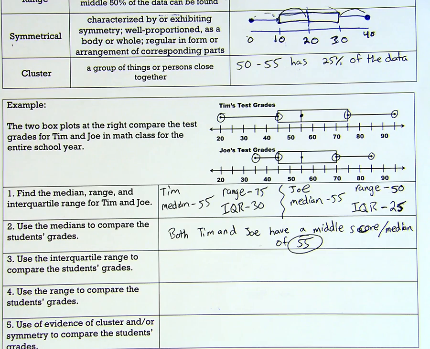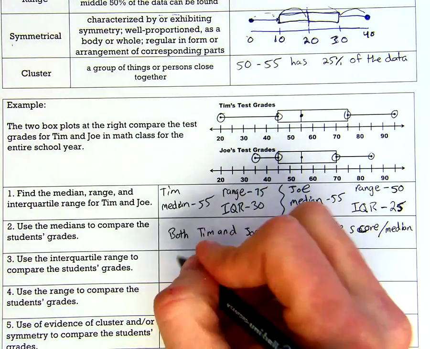And then use the interquartile range to compare the students' grades. The interquartile range for Tim was 30. The interquartile range for Joe was 25. Joe has a smaller interquartile range, which means his data points are going to be closer together.